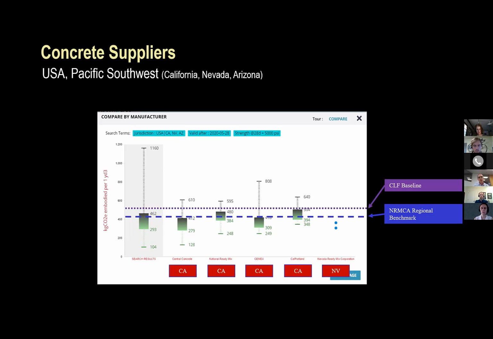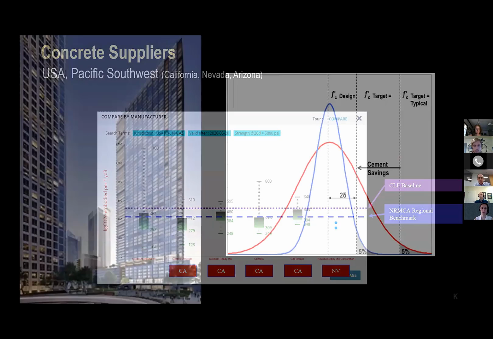The Central and the CEMEX numbers are both from mix designs in the Bay Area, where the National information is in LA, and partly through the aggregate information and what has to be imported or what you're doing with local. The mixes are different, so there's always a regional effect. Just looking at a national number isn't enough. But what's nice about EC3 is this data is all being aggregated in one place where it's free, and we can start looking at it and start helping inform what it is we're doing.